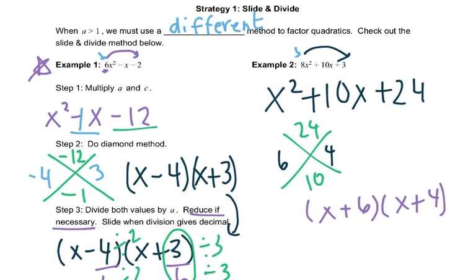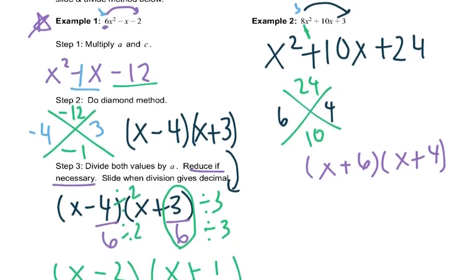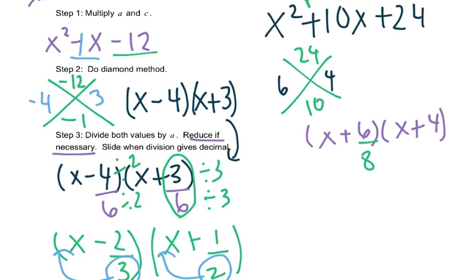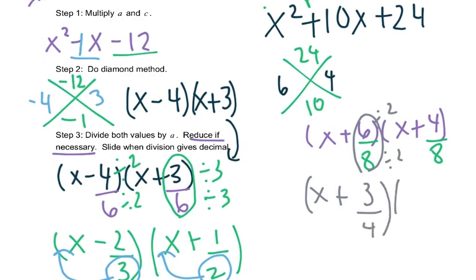And now we have to divide by our a value, which is 8. Okay? So we're going to divide both of these by 8. Remember, we need to reduce these fractions. So we're going to divide both of these by 2, and we get 3 over 4. 4/8 just reduces to 1/2, right?